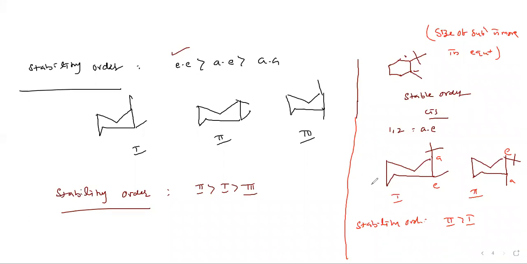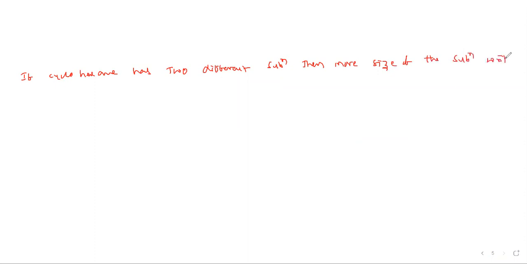Okay, write down this one. I will tell you the statement. First write down. If cyclohexane has two different substitutions, then the larger size substitution is written in the equatorial position.